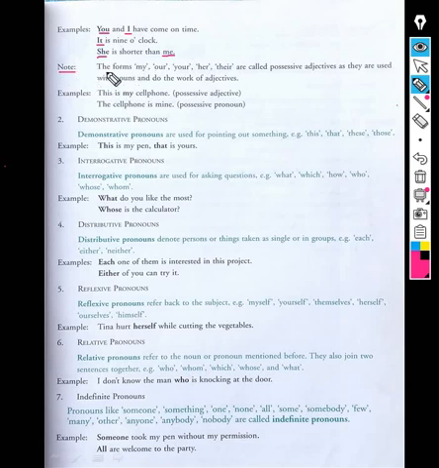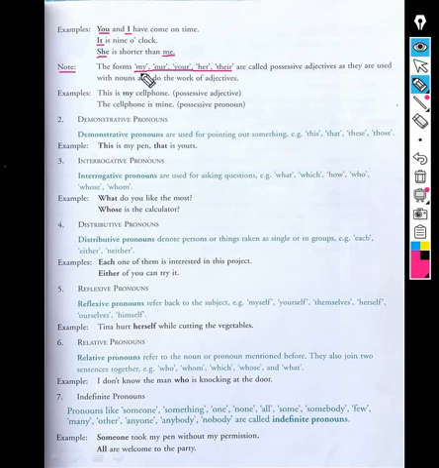Note: the forms my, our, your, her, their are called possessive adjectives as well, because they are used with nouns and do the work of adjectives. We use these possessive cases before nouns. That is why they modify that noun.